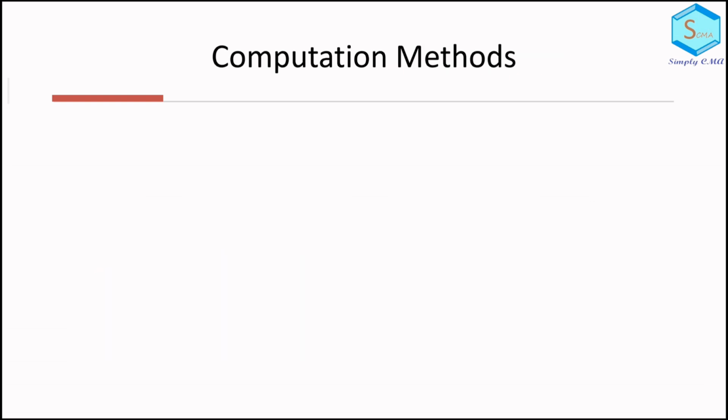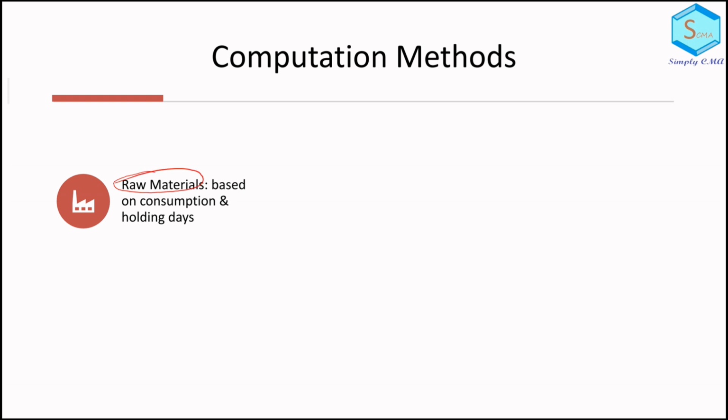Computation methods. Raw material inventory is based on consumption and holding requirements. Work in progress depends upon how much processing time is required to convert the raw material into finished goods.